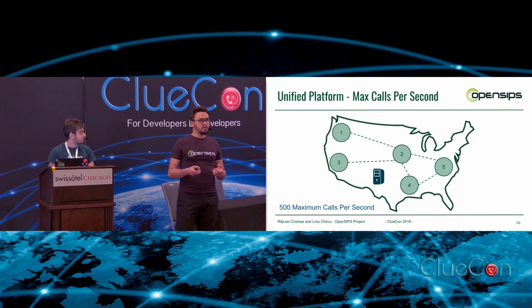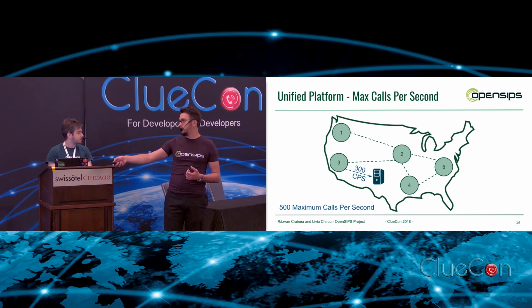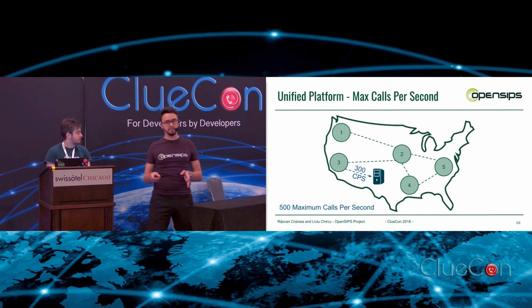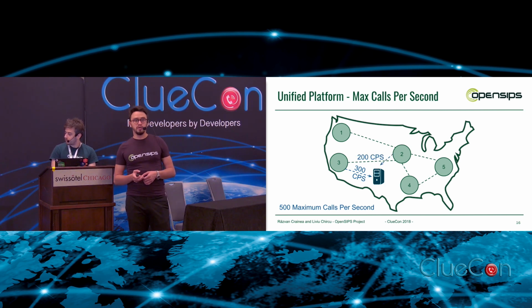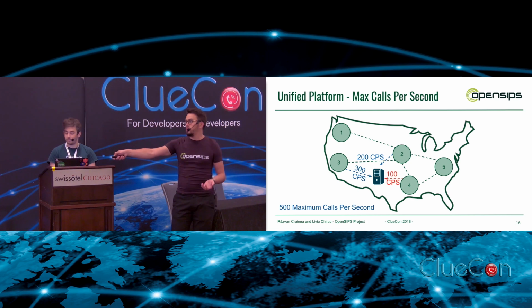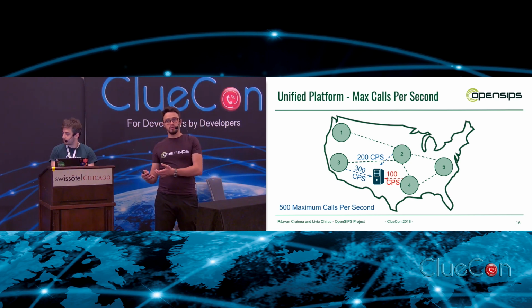Similarly, you have the same problem in your gateway interaction. So for example, imagine you have a gateway that allows you to only have 500 maximum calls per second here. And you start sending 300 calls per second from this node, and then using the same gateway, you're starting to send 200 calls per second from this node. This is all fine because everything is within the limits. However, if this node starts to send 100 calls per second, those calls will probably be rejected, right?